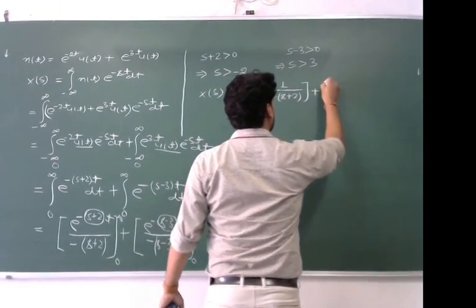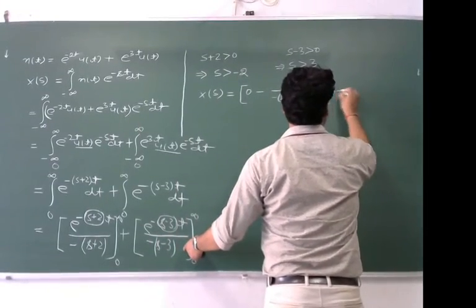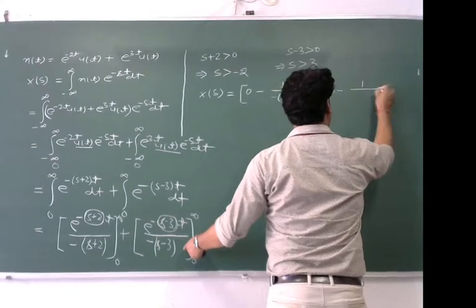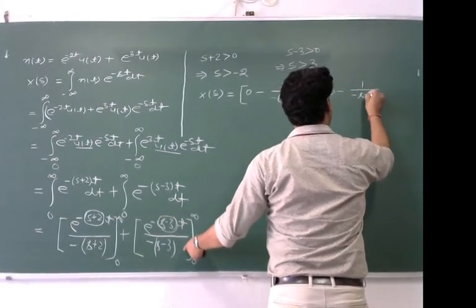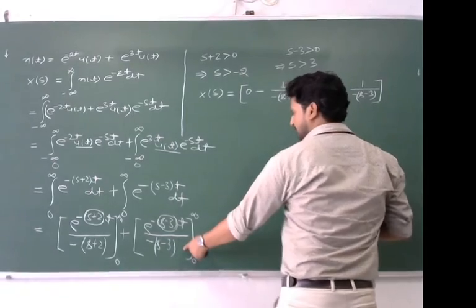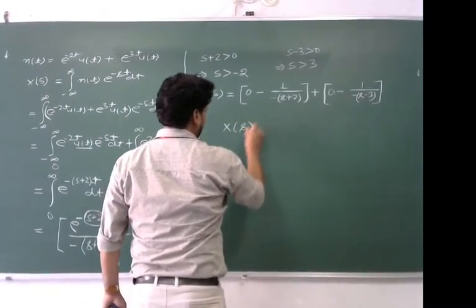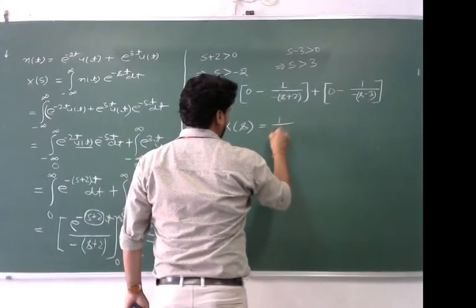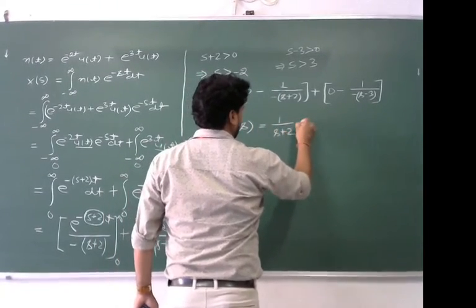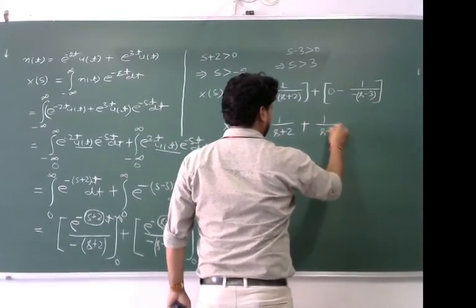Similarly, this will become 0 minus 1 upon minus (s minus 3). And so the Laplace transform of this function will be equal to 1 upon s plus 2 plus 1 upon s minus 3.